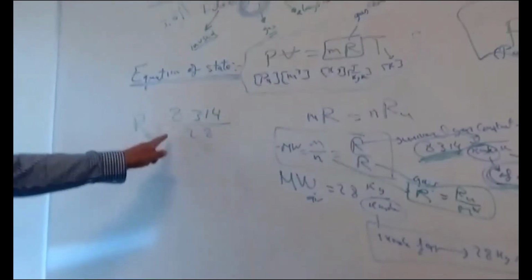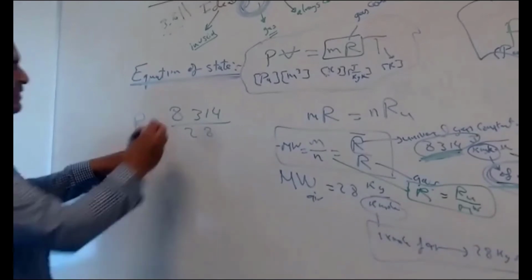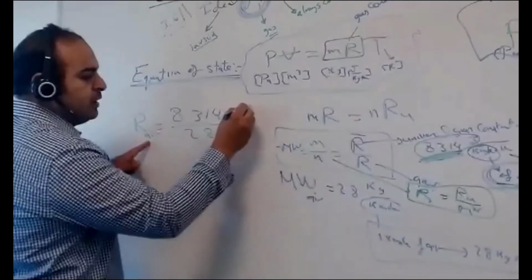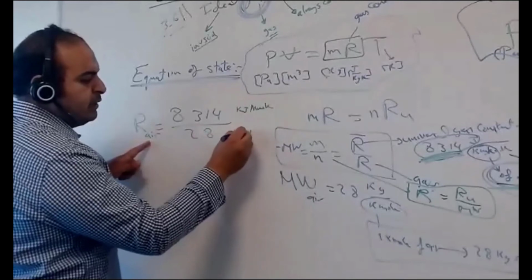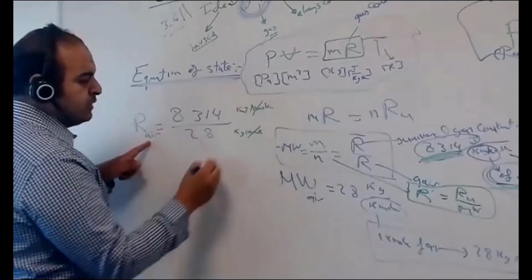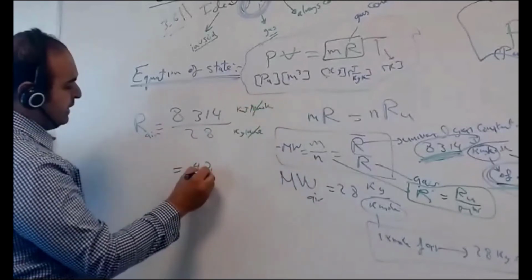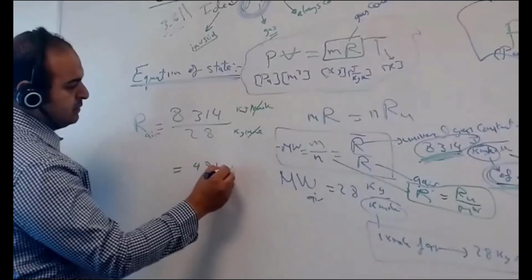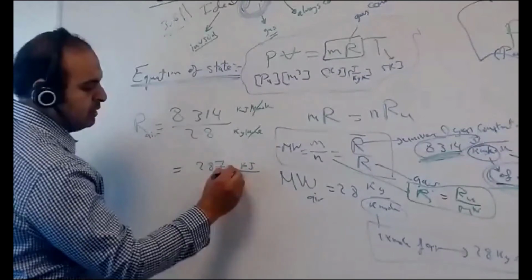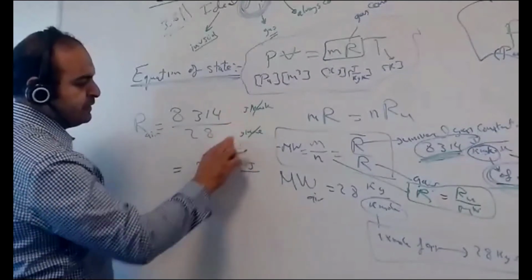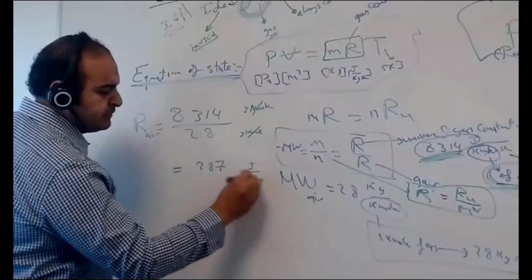If you want to get, for example, R air, it's 8314 joule per kilomole Kelvin divided by the molecular weight, which is kilogram per kilomole. So the result is 287 joules per kilogram Kelvin.